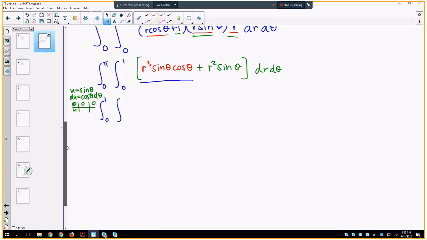So I actually wanted to do this a little later. I forgot to integrate with respect to r first, but that is going to come.